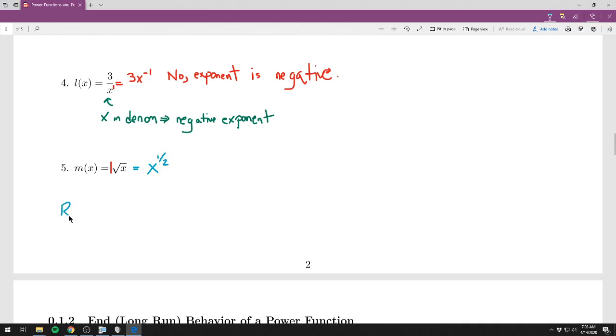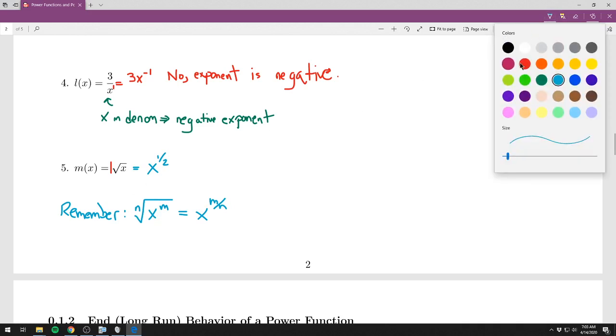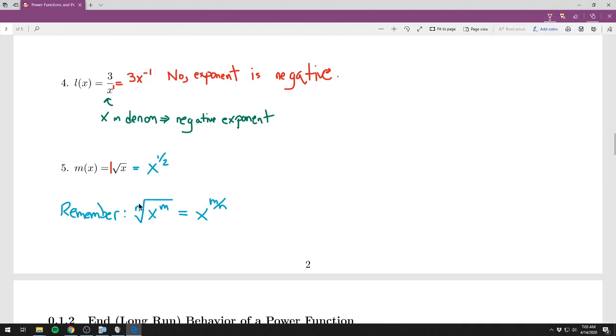So remember, when we have radicals, if we have an n on the radical and the thing inside is to the power m, then as an exponent it's x to the m over n power. When we don't write a number on the radical, it's actually 2. And on the inside, we don't have a number written because it's actually 1.